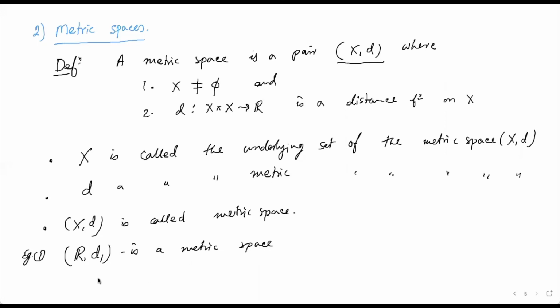And also a second, (R2, d infinity), is also a metric space, where d infinity is a metric on R2, and R2 is the underlying set of this metric space. Now we stop here.